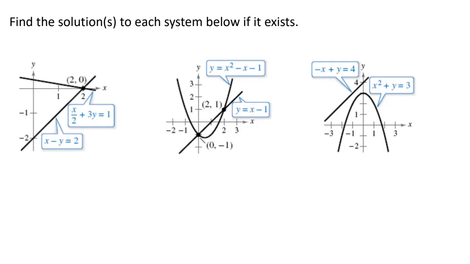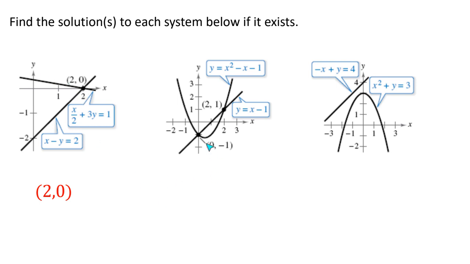So for example, I have three pictures here. The first picture is a linear system because it has two equations. If we're looking for the solution, it's going to be the point where the two lines intersect. So in this example, our solution is going to be (2, 0), right here.